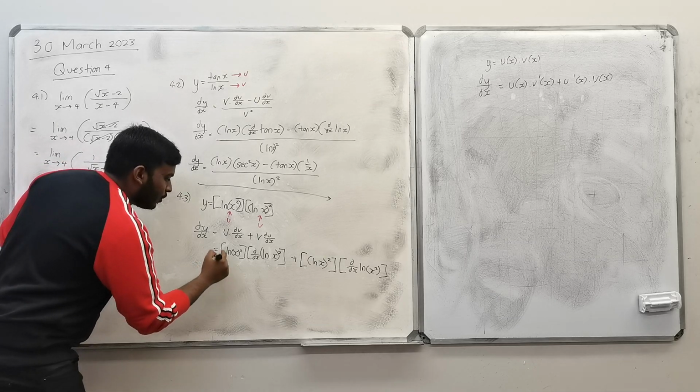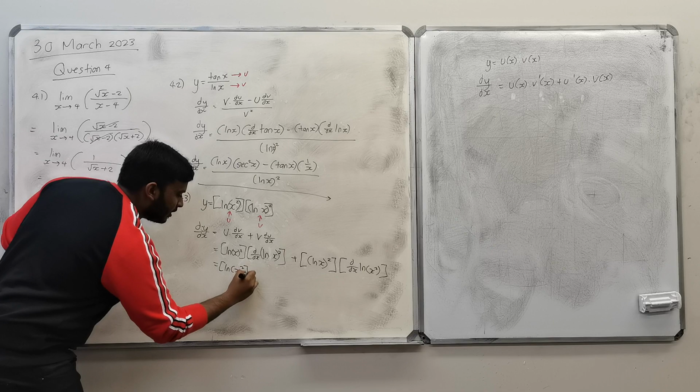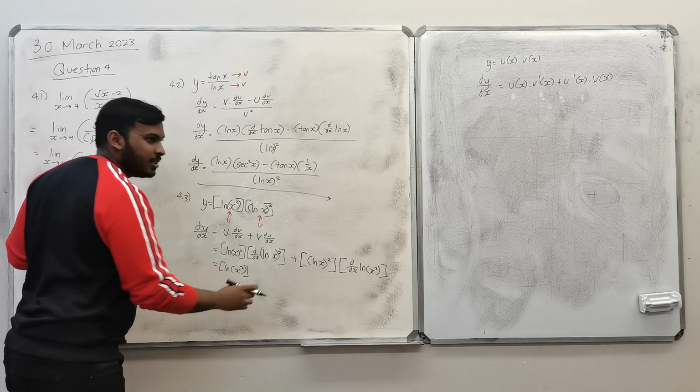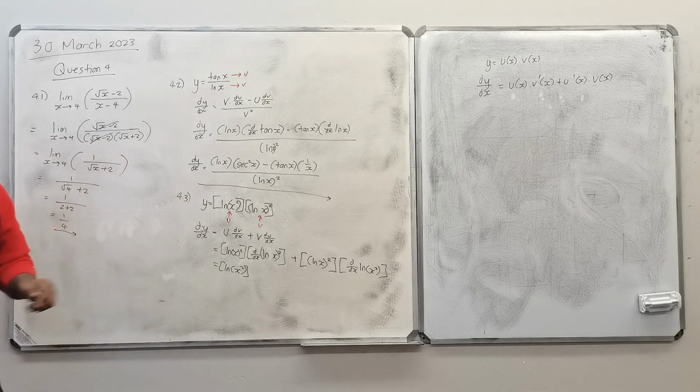So this here will stay the same, which is ln of x squared, because this is just the function. The derivative of this is what? If you go back to your rules in your textbook, you know the page where they had rules 1 to 25? Which page is that? 211.